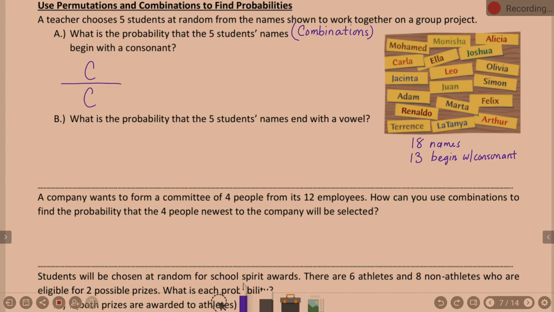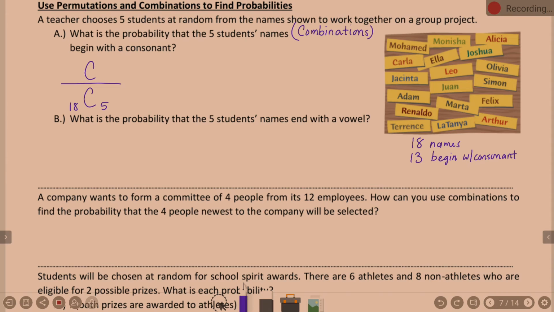Well, we're going to do the combination of picking from 18 names, picking 5 at a time. So my denominator is 18C5.